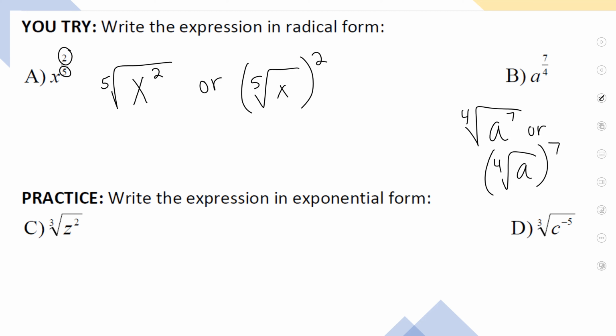All right, now we're going to exponential form. We're going to get an exponent this time. This will be z. 2 is in the numerator, 3 is in the denominator. Here, we're going to have c. This was -5/3.